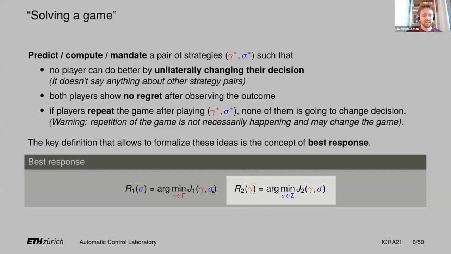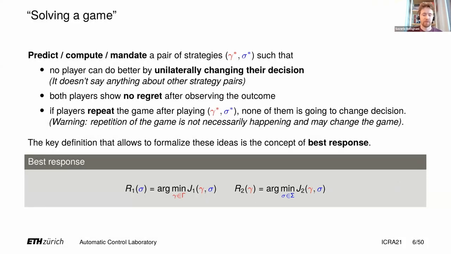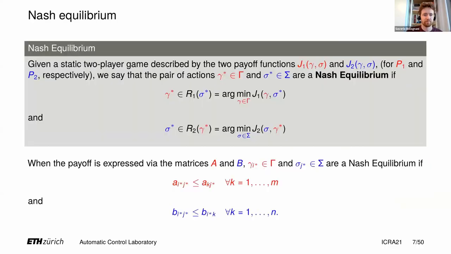In general, this is a set of solutions, right? There might be multiple actions that lead to the same outcome. So it's a set of solutions, and this set of solutions guarantee the best possible outcome as a function of what the other is doing. That's really the key definition for game theory, right? You need to be able to tell what's the best response.